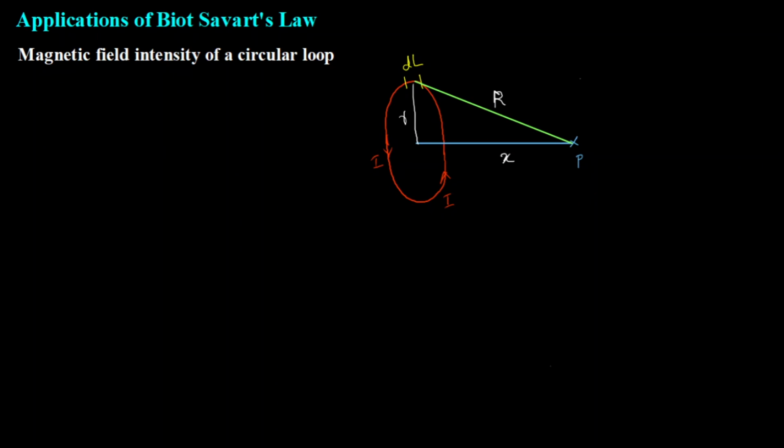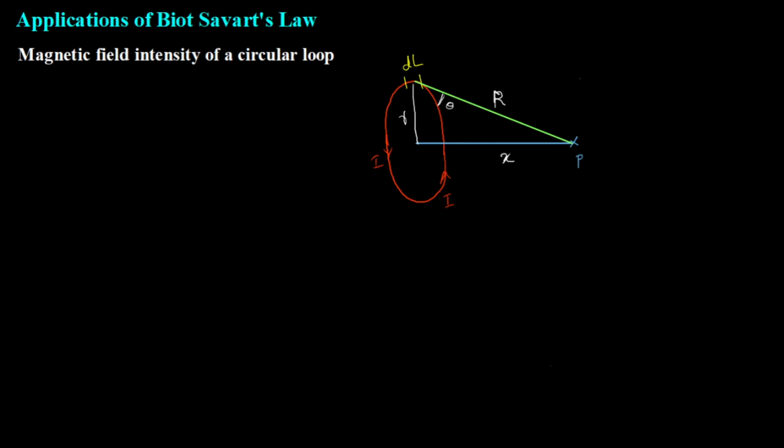Now the angle made by the path joining the differential current element and point P is theta. So I'll mark it here. The concept of this angle was well explained just now using a board. So theta comes somewhere there.